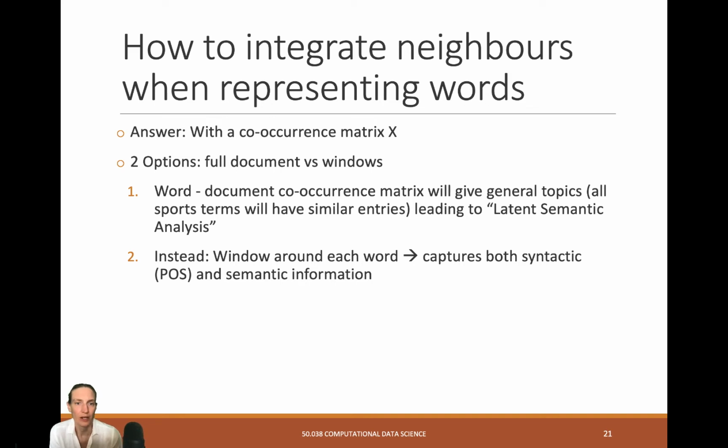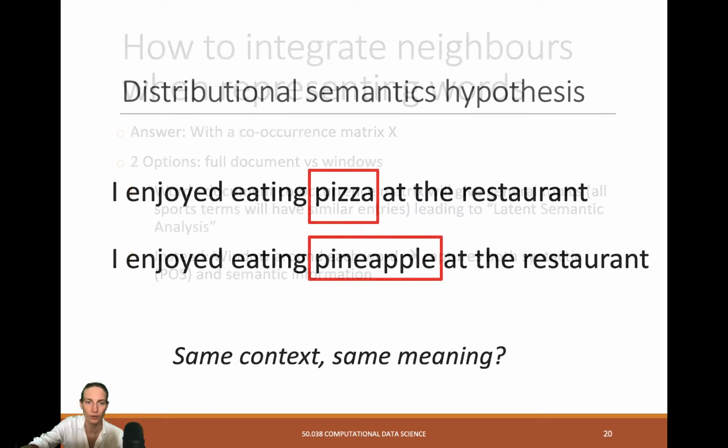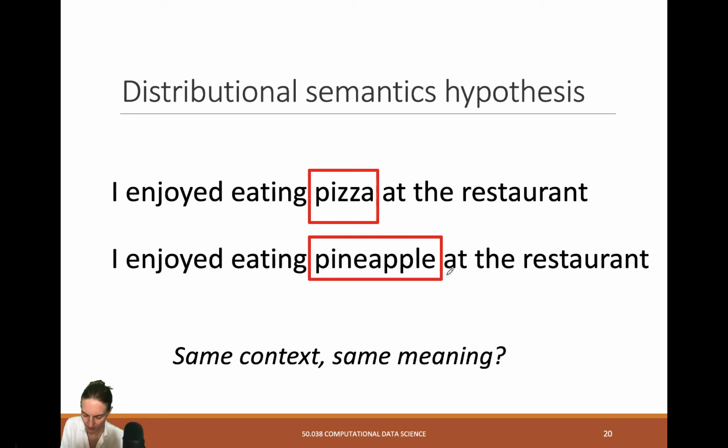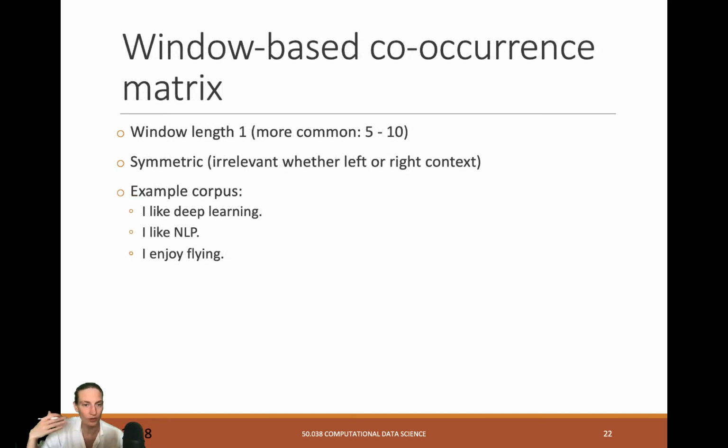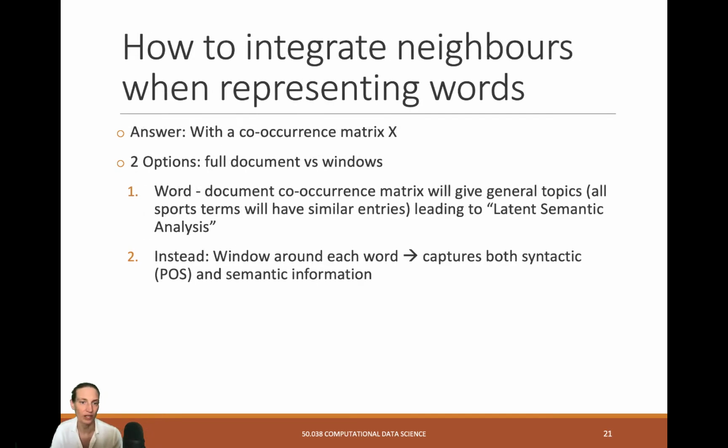Okay. But first, let's talk about co-occurrence matrices. So a co-occurrence matrix X is something that allows us to integrate the neighboring words when representing words. So we have two options here. As I mentioned before, we can look at a window, let's say 2 or 3 words around your word, or you can look at the entire document that it appears in.